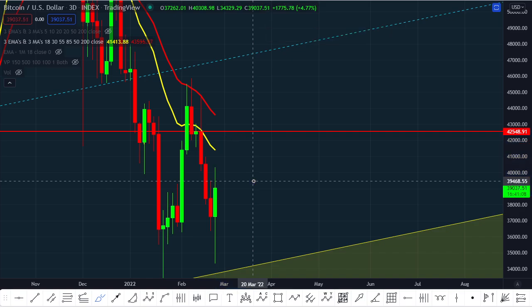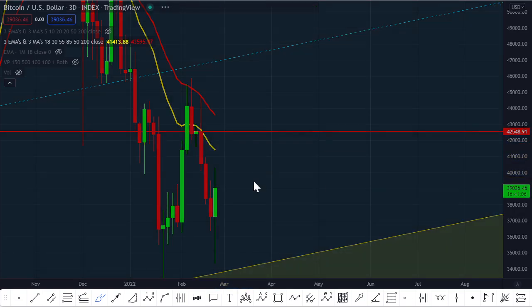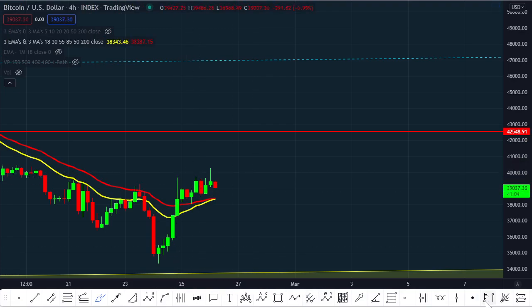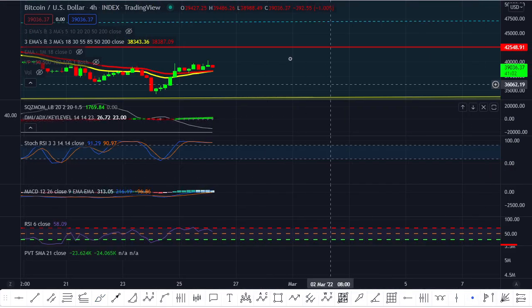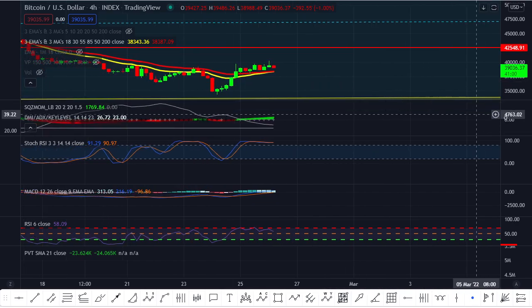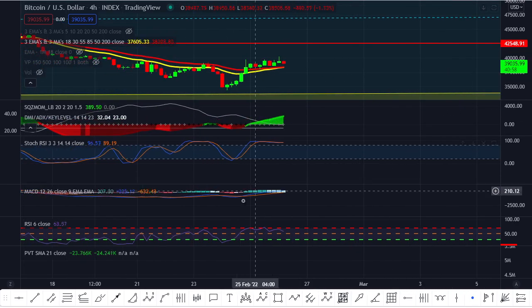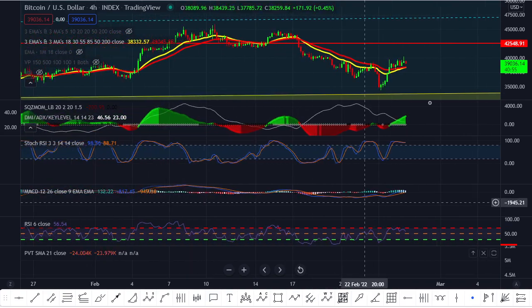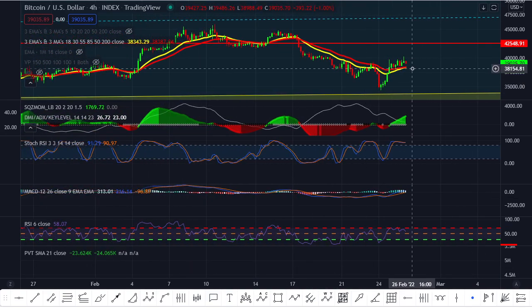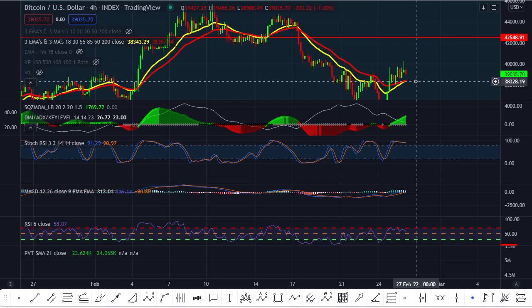Okay, last but not least, let me go to the 4-hour and the 2-hour time frame. So on the 4-hour, we are flipping bullish. Obviously, I'm expecting a pullback very soon. This is not going to stay like this forever. We are crossing bullish on the EMAs, on the 30 and 18 EMA on the 4-hour chart, which is coming in around 38,400.